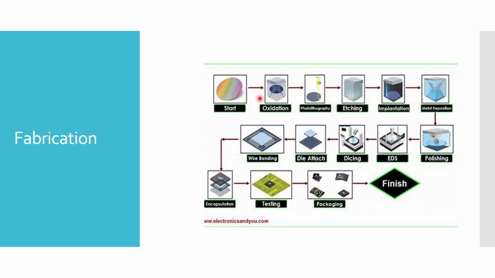Now, what are oxidation, photolithography, etching, implantation? All these are the steps through which you are going to fabricate your IC on this platform. The circle is a wafer. However, you can see small squares inside the circle. Those small squares are called dies.